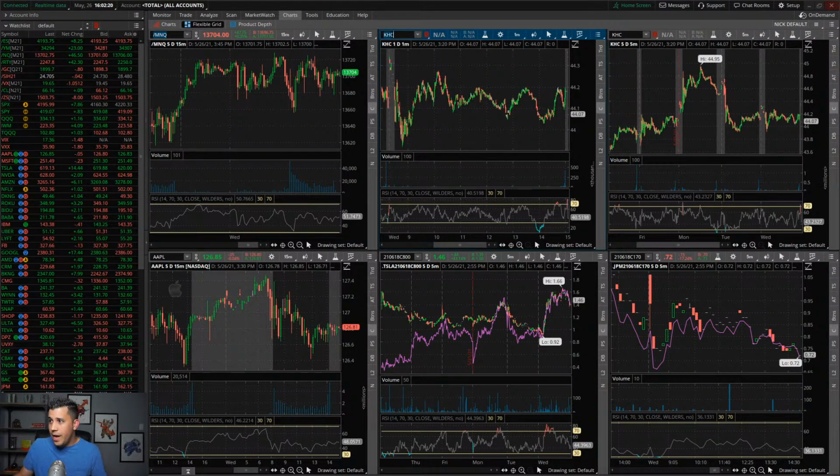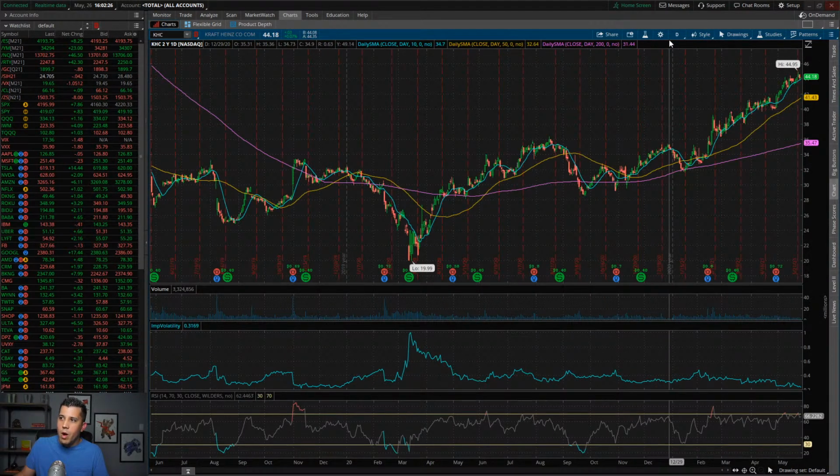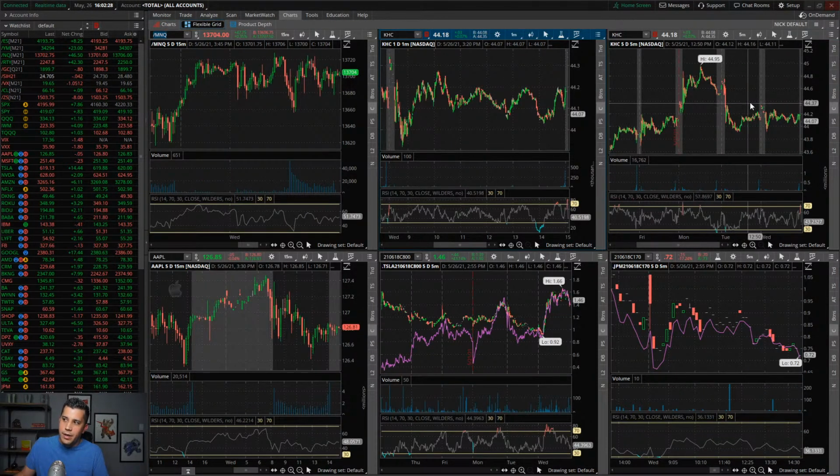You might see nothing happened, so what are people loading up for? Consolidation, could be anything. The options flow lets you determine where the premium is flowing into and out of, so you can make a determination for yourself. I don't use it for alerts, just as a companion tool.